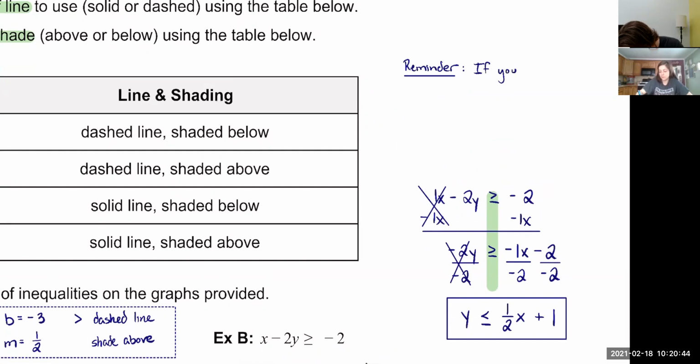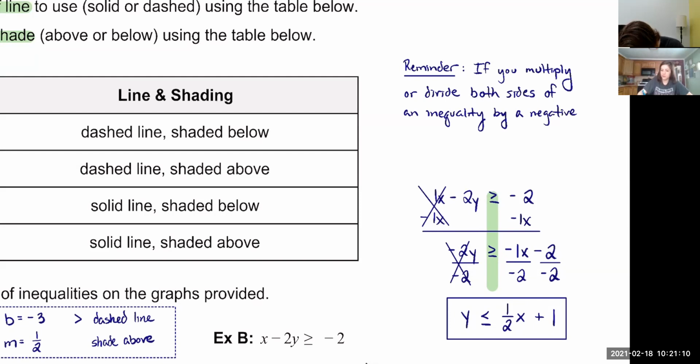If you multiply or divide both sides of an inequality by a negative value, the inequality sign flips.